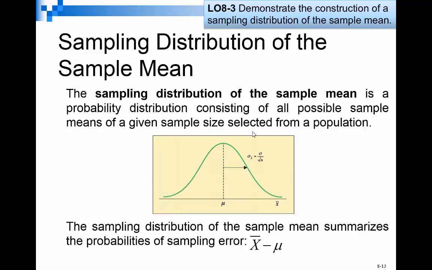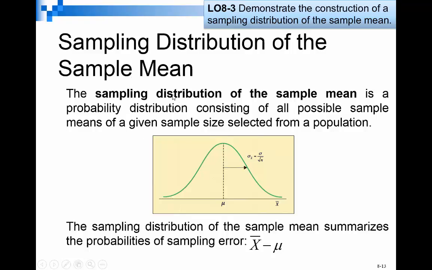We could say, for example, we're going to take from a population of 100 scores, we're going to pull out a random set of 20, and we're going to determine the mean of that random set of 20. And we're going to keep doing that till we get a distribution of the means.